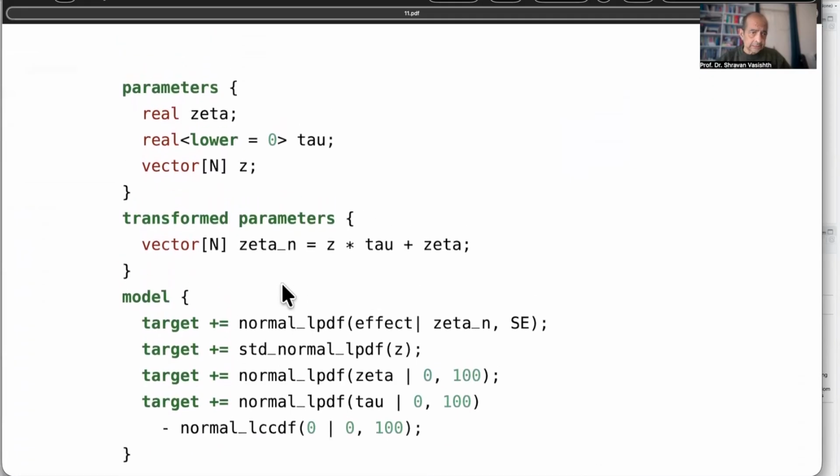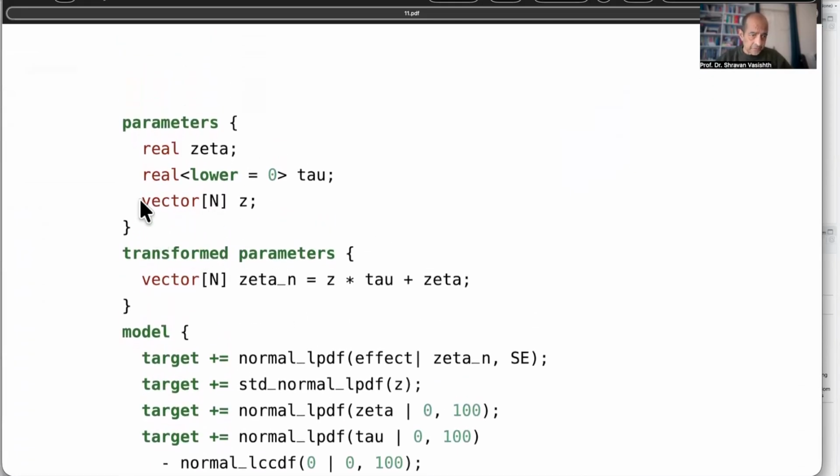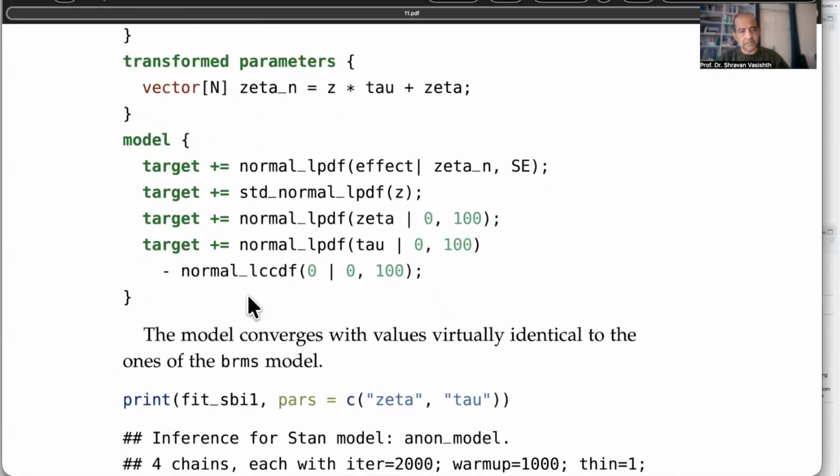What changes is that instead of zeta sub n in the parameters, we now have z. And in the transformed parameters block, we go from the z and tau and zeta parameters to the zeta sub n's, right? So we derive the zeta sub n's, and then everything else is the same again.